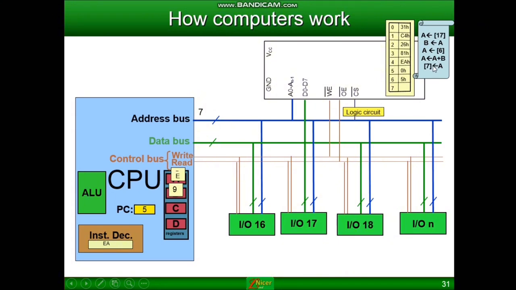The next human language code is that the data stored in A is now going to go to address number 7. It's going to happen like this. The data in A goes to the data bus, and that data bus is now going to write it over this 7.